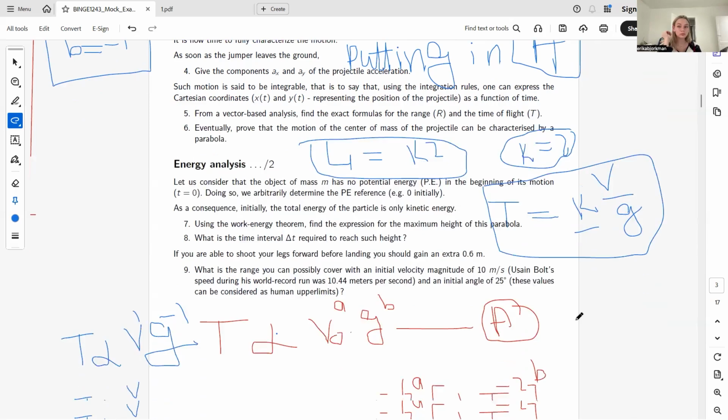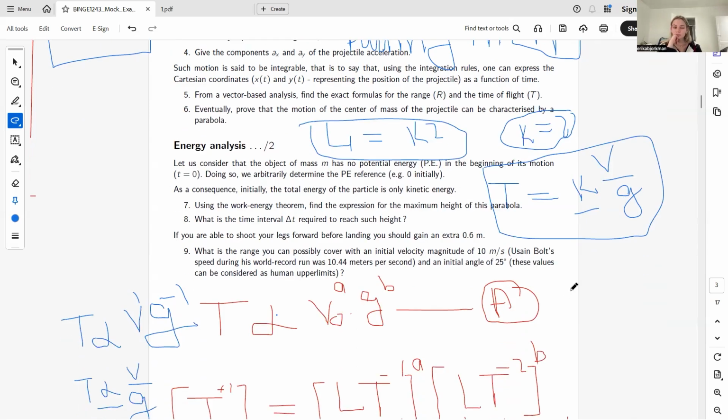But whenever we introduce the sine theta and the constant, then this relation will become 2 v naught sine of theta over g is equal to time of flight.